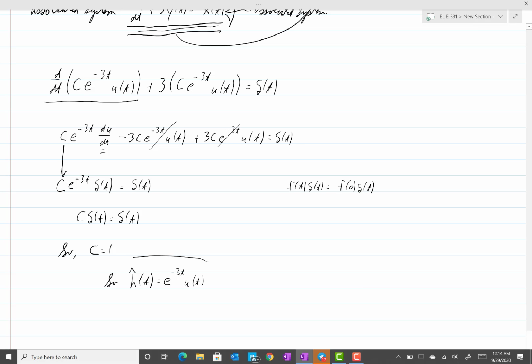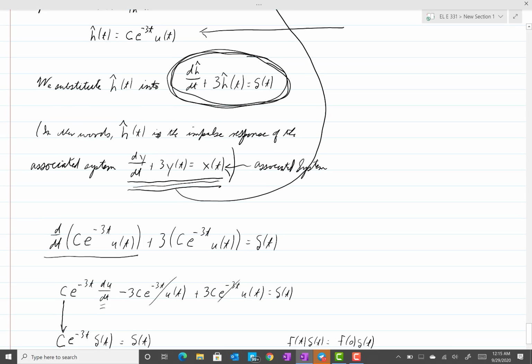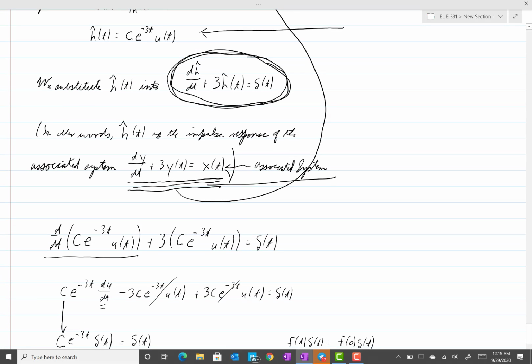And again, this is the impulse response of the associated system. And now to get the impulse response of the original system, remember, I'm going to stress one more time, the associated system is right here.